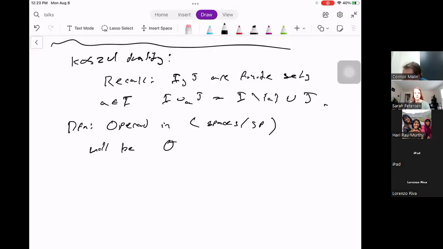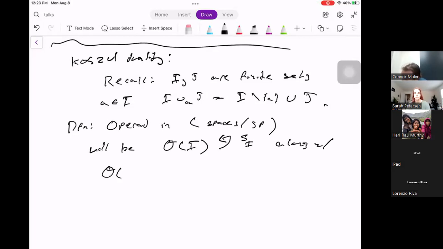a sequence O. It'll be a choice O(I) for a finite set I, such that the symmetric group of I acts on this, along with these partial compositions.